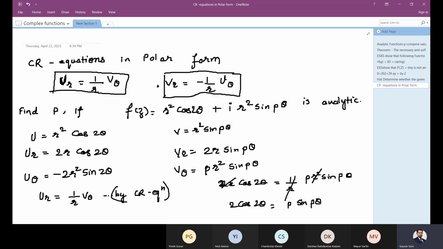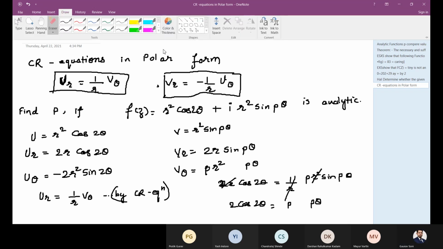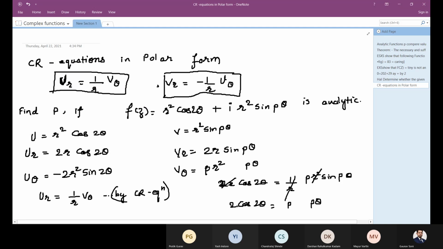Oh, sorry, I had written this wrong. This has to be cos. So these two can only be equal if p is equal to 2.